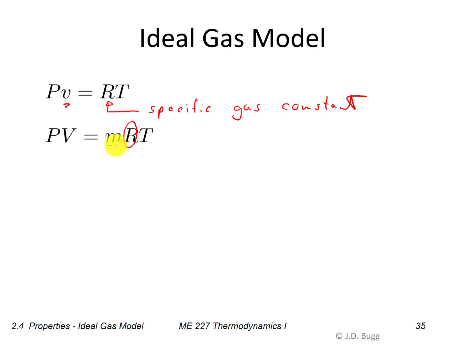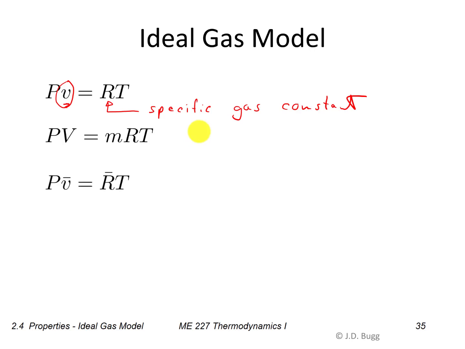So we see the mass showing up directly on the right-hand side. But the left-hand side, if we take specific volume and multiply by the mass, we get the so-called total volume, or meters cubed if we're working in SI units. So PV equals MRT is another form of the ideal gas law that we'll be using. And of course, they're equivalent.